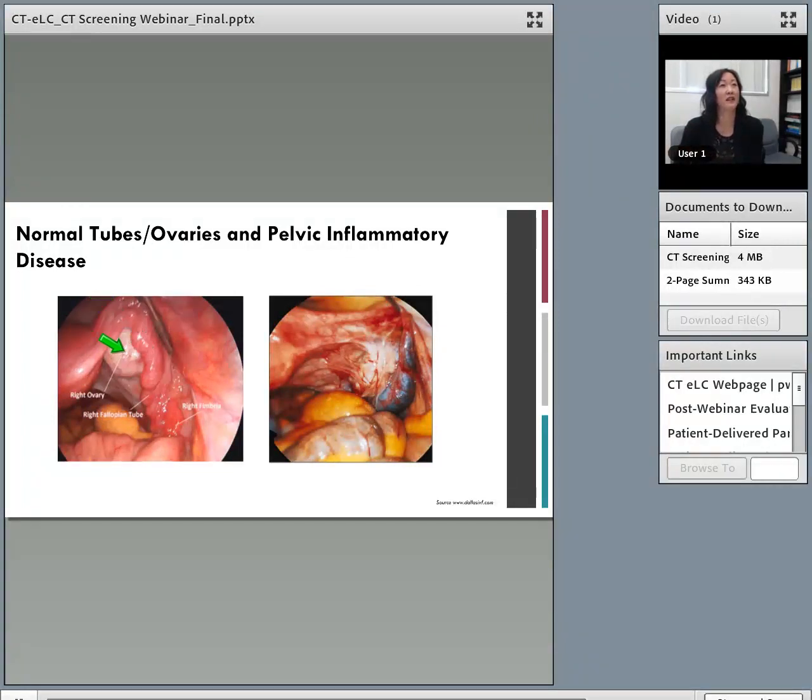And then basically in the armpit here, you see this nice ovary. And then I'm going to show you what happens on the right side, this is what happens during pelvic inflammatory disease.